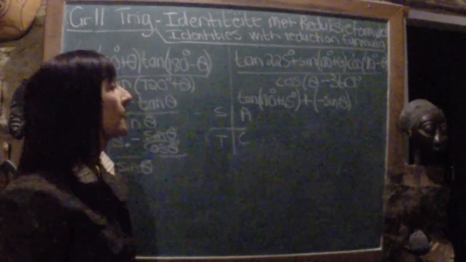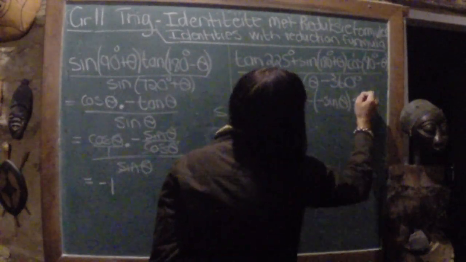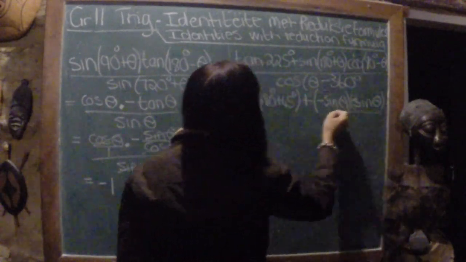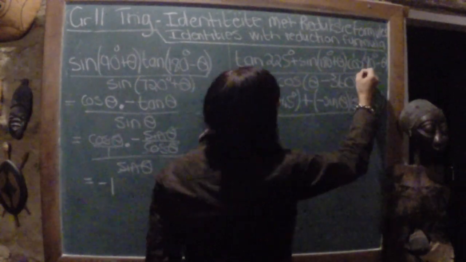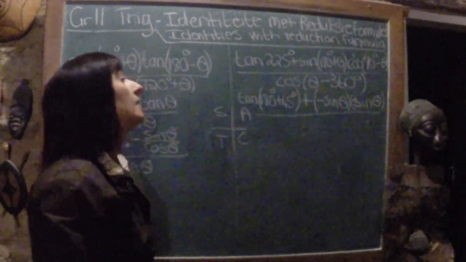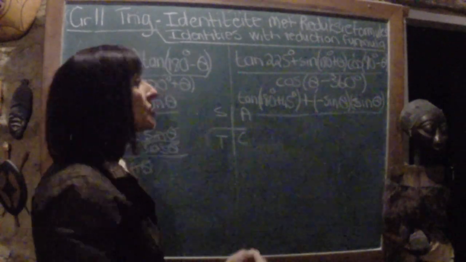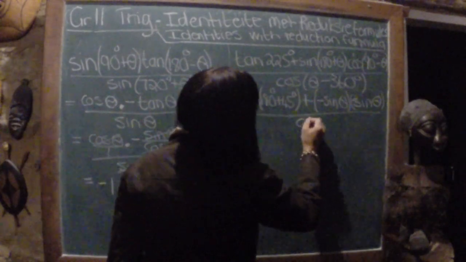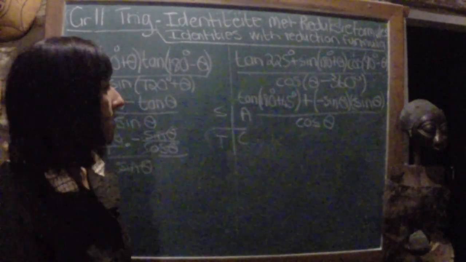Dan het ek die cos van 90 min theta, dit gee vir my sin theta, ken my werk. En dan het ek die cos van theta minus 360, ek kan 360 bytel, I can add a cycle without changing anything, en dit gee vir my die cos van theta, want as ek 360 bytel, verander niks.